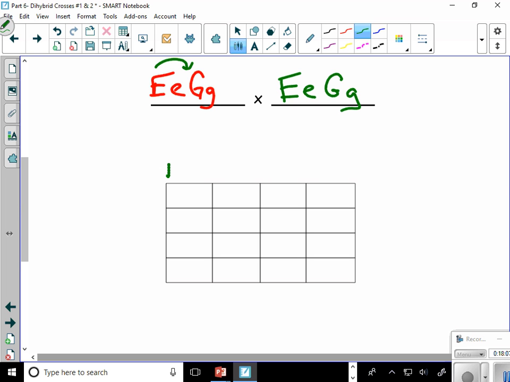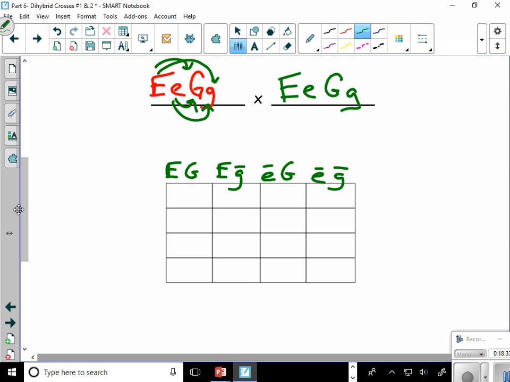First, EG. Outside, E lowercase g. Inside, lowercase e G. And last, lowercase e lowercase g.